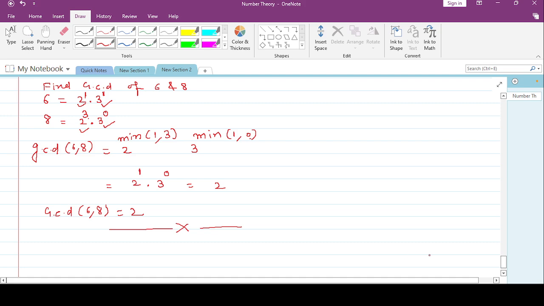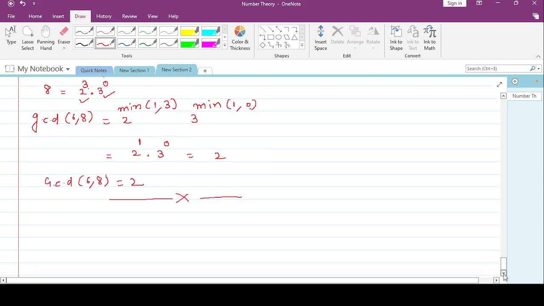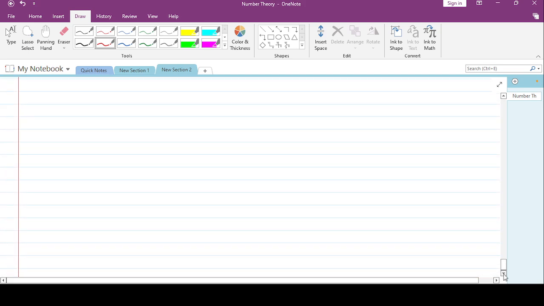Now we solve one more question. For example, find the GCD of 120 and 500. Now you find the prime factorization of 120.